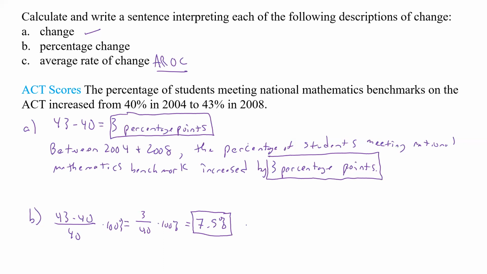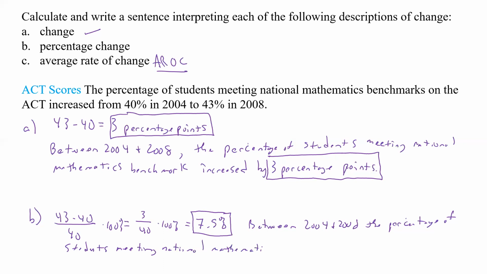So we can say, again, between 2004, and it's going to say increased again because we're still increased, and it increased by 7.5%.